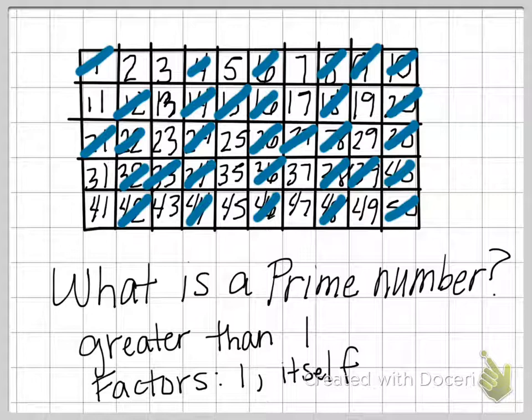Oh, already crossed off. 3 times 15 is 45. 3 times 16 is 48. It's already crossed off, and we've run out of multiples of 3.